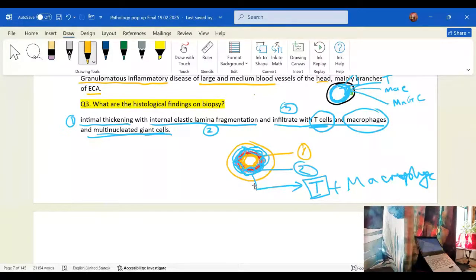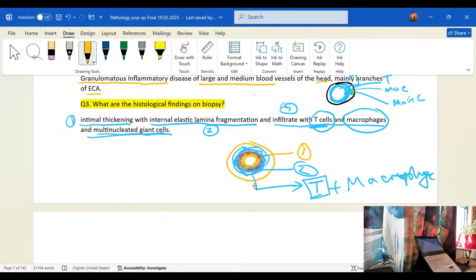In giant cell arteritis, there will be intimal thickening, internal elastic lamina fragmentation, and infiltration by T cells, macrophages, and multinucleated giant cells.